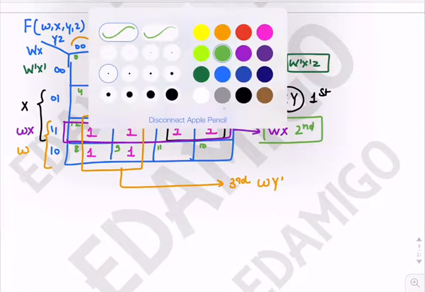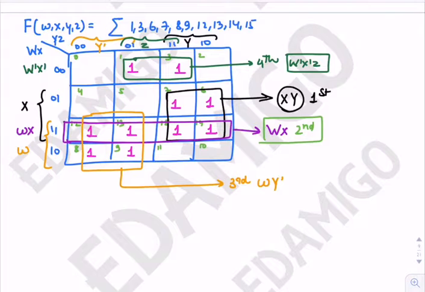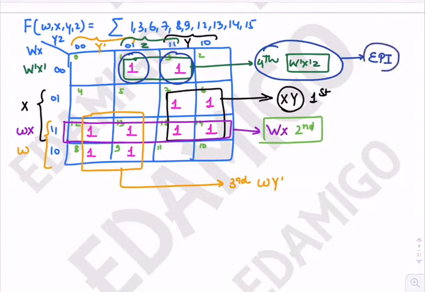Now to find essential and non-essential ones: these two minterms are exclusively covered by the fourth prime implicant, so this is an essential prime implicant. Similarly these two minterms are exclusively covered by the first prime implicant, so this is also essential.